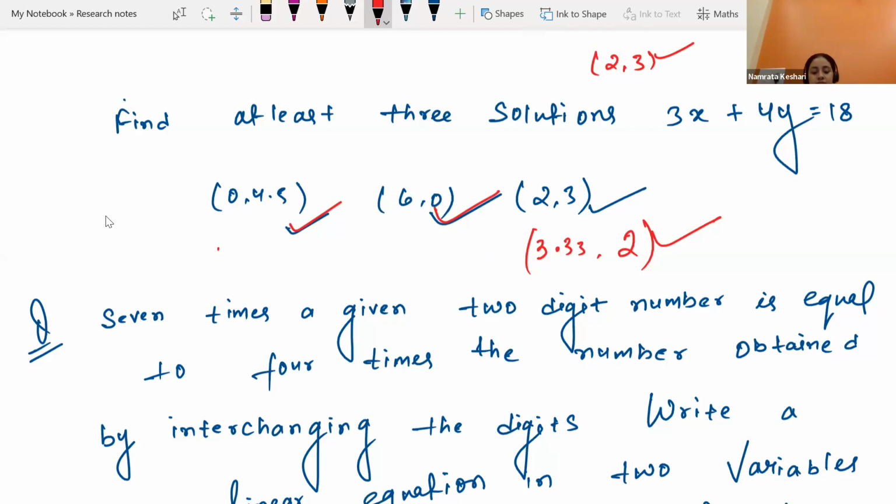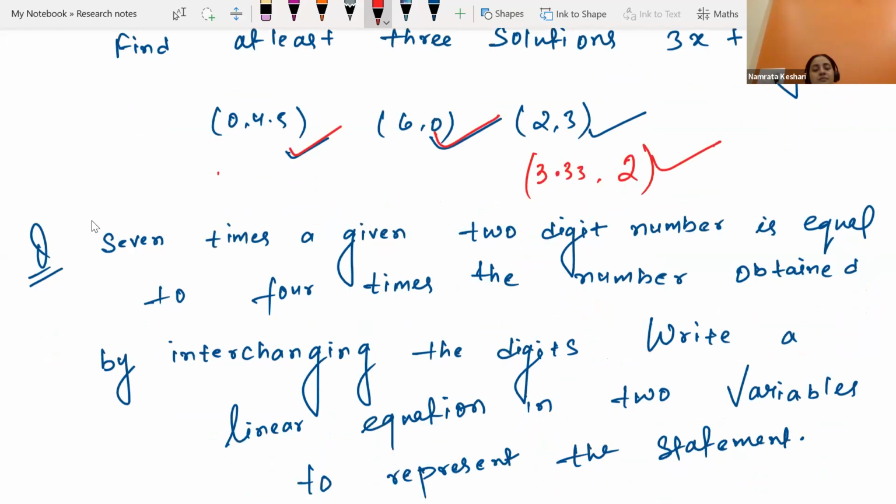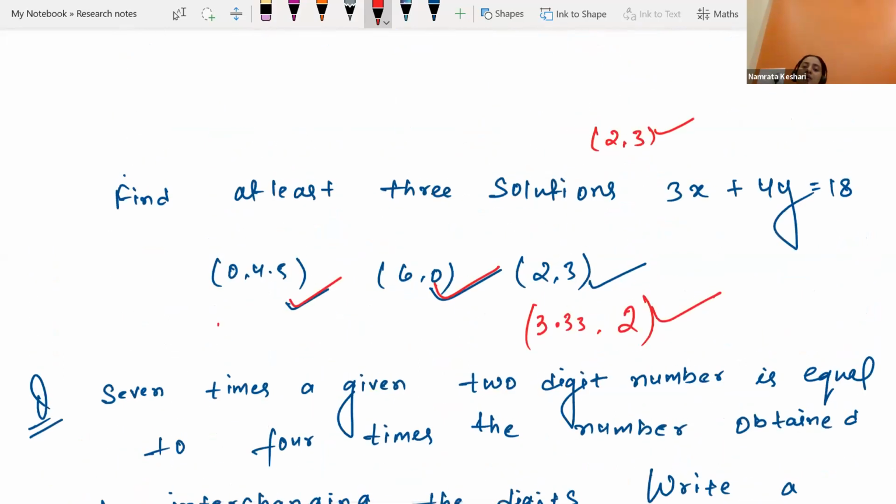Ma'am, Tejas, for the second question, can it be 44x plus 77y is equal to 6? We will check it first. We will discuss it. Yes, Safia, what did you get from the first one? 3 solutions we are supposed to find.